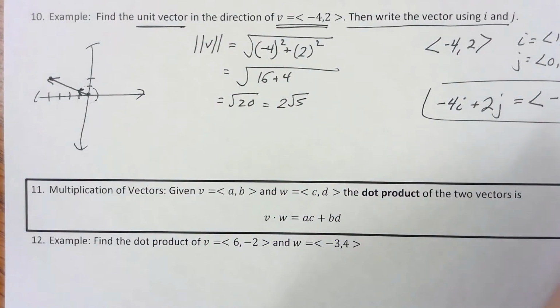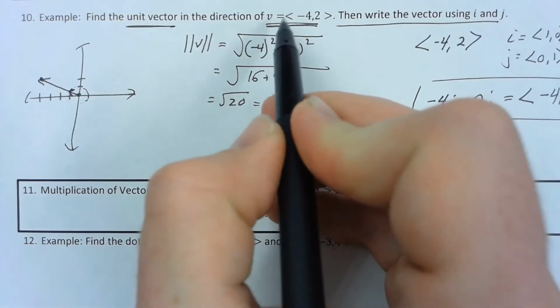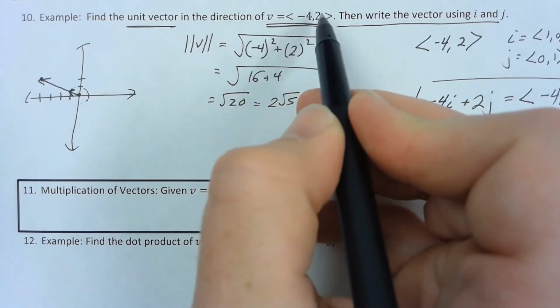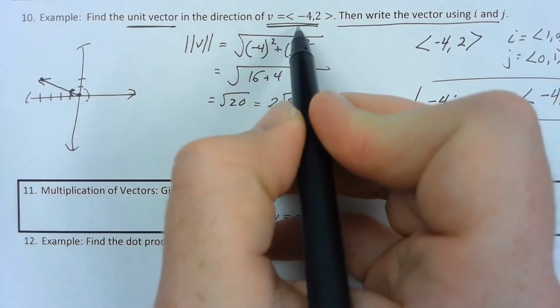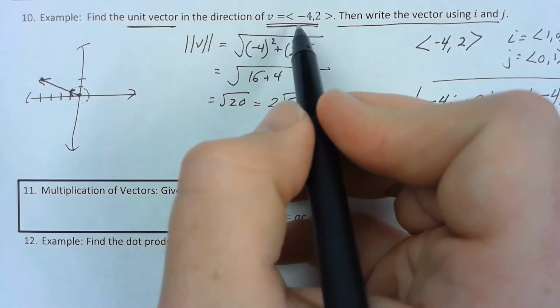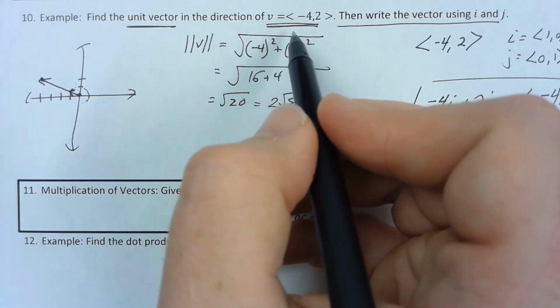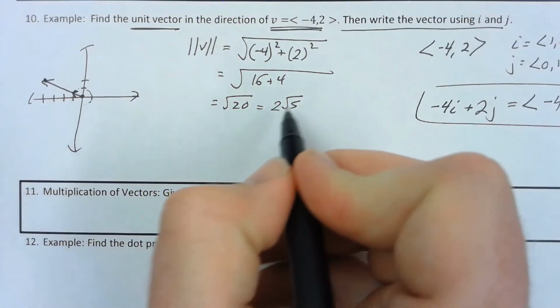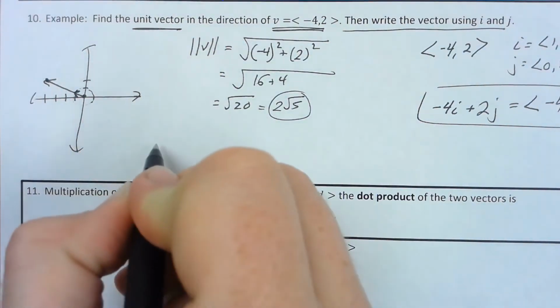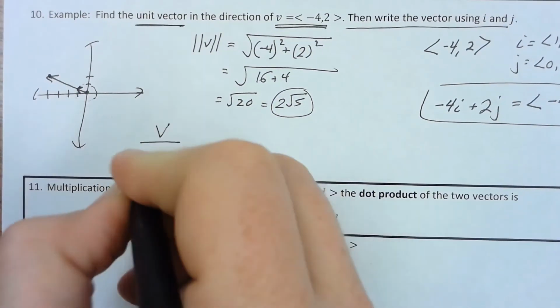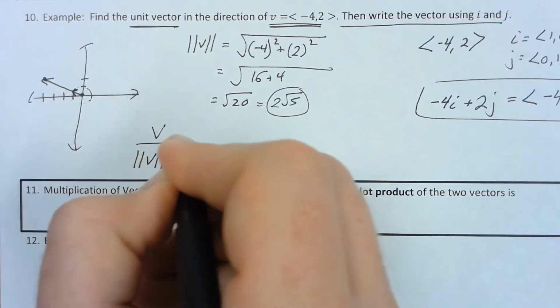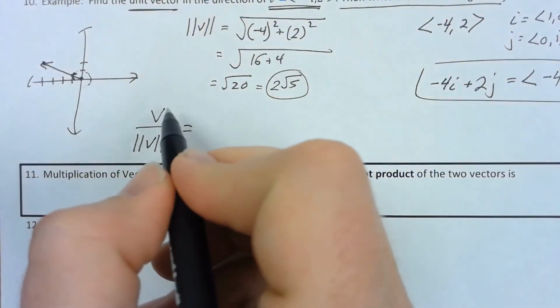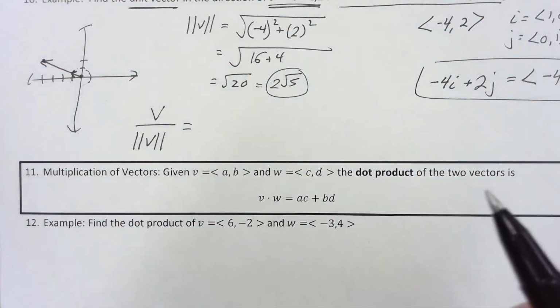Now, the main question is what is the unit vector in the direction of this vector? Well, to keep the direction constant but make the magnitude smaller, let's take the length of that vector and divide the original vector by its magnitude. By dividing a vector by its magnitude, we don't change its direction.